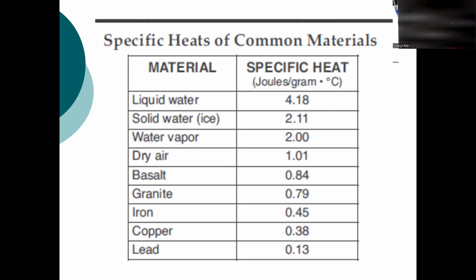And slow at the top. If you have those labels, I'm pretty sure you'll be able to see that. So liquid water heats up slow because it requires 4.18 joules of energy to heat it up 1 degree, where lead only requires 0.13 joules of energy.